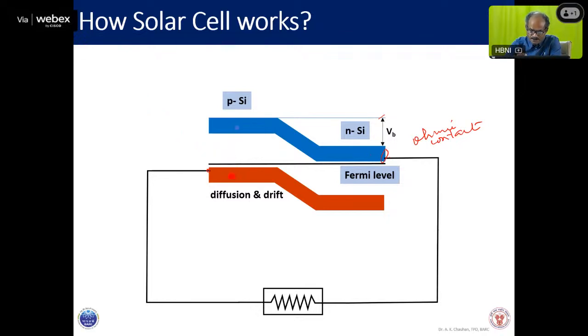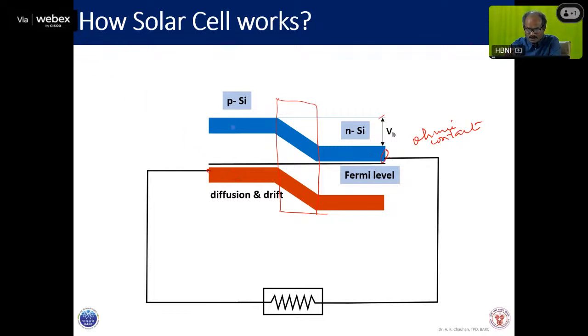Now, when this photon absorption happens, normally I have shown it on this side just to explain. The process takes place in this area, but it is actually the same.